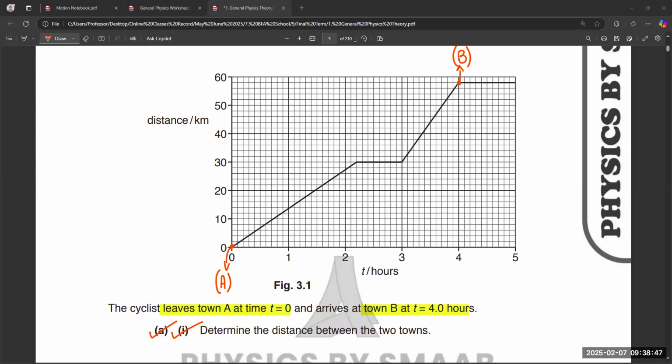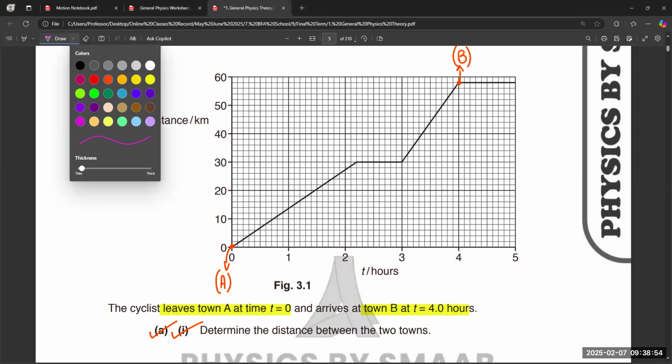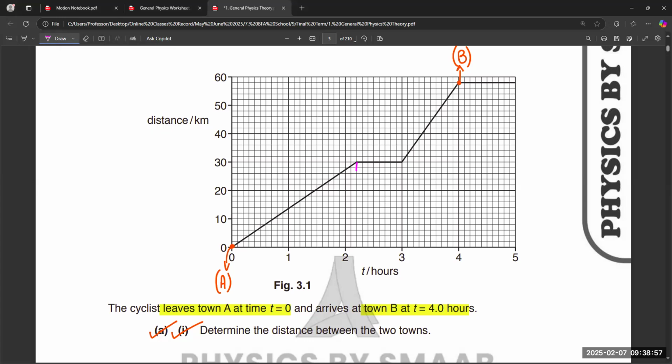So basically, first of all, we are getting a right angle triangle, or we can also select a trapezium from this point. So basically, there are two trapeziums.